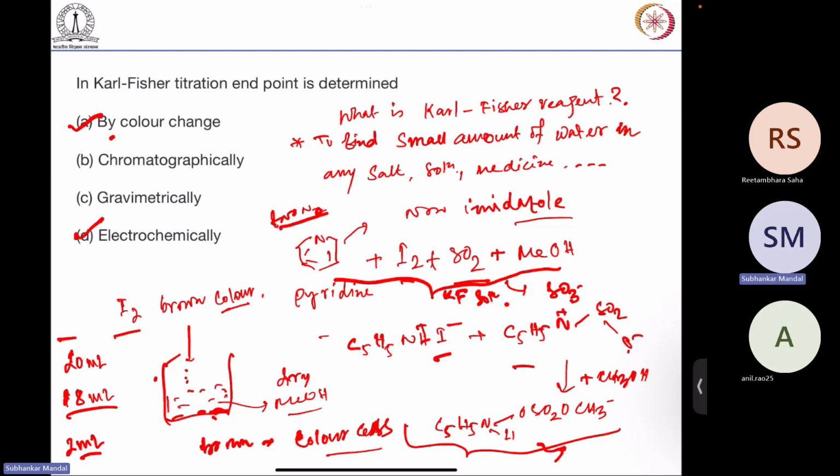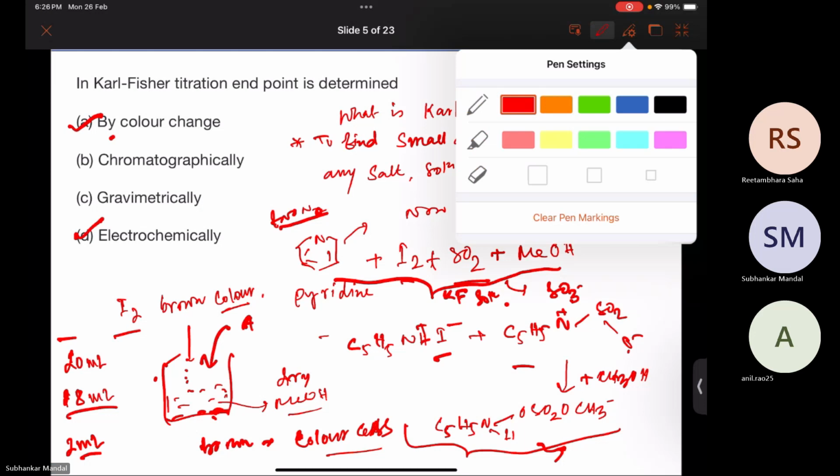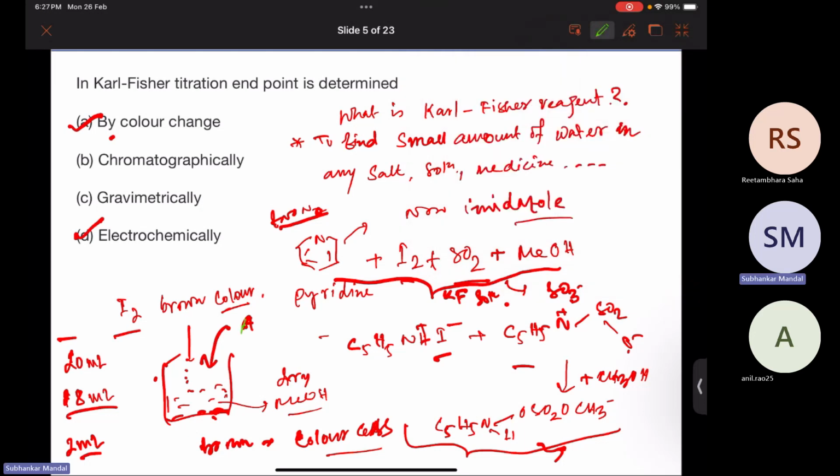After that you add your analyte. Then you add the I2, the Karl Fischer reagent, and it becomes brownish in color as it contains water molecules.